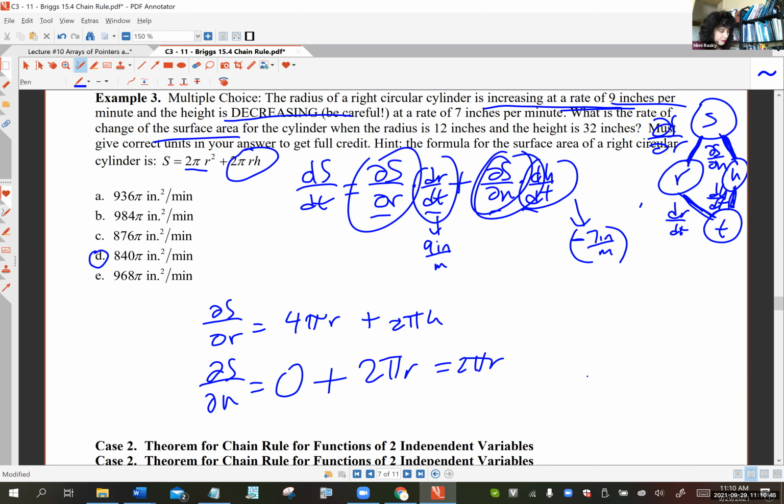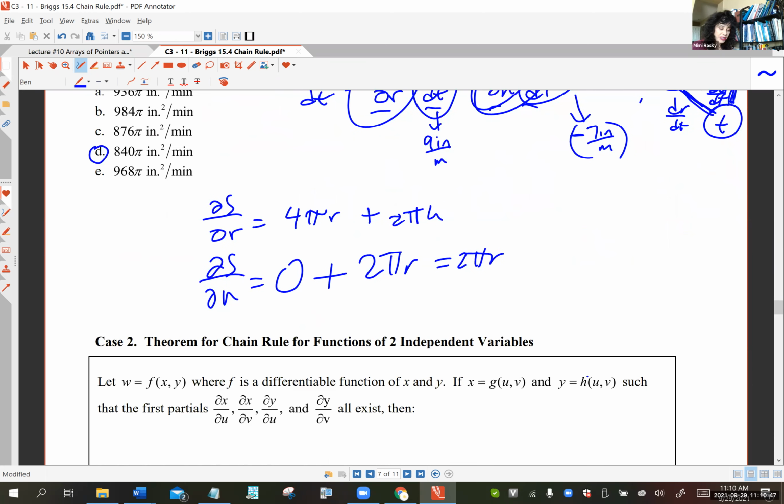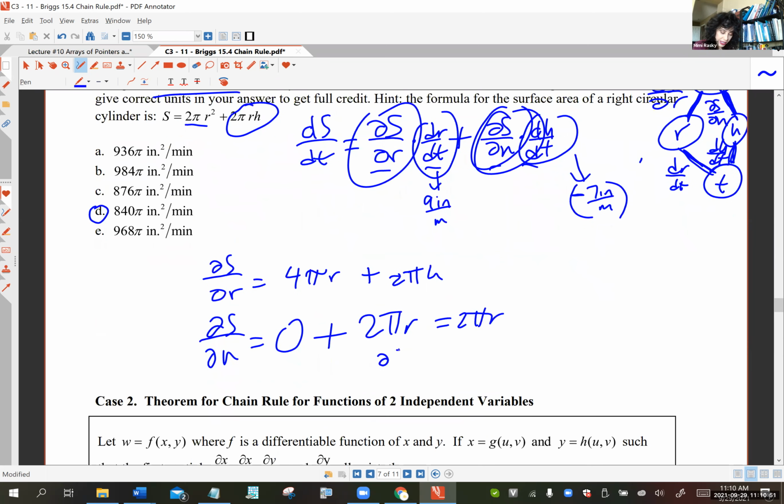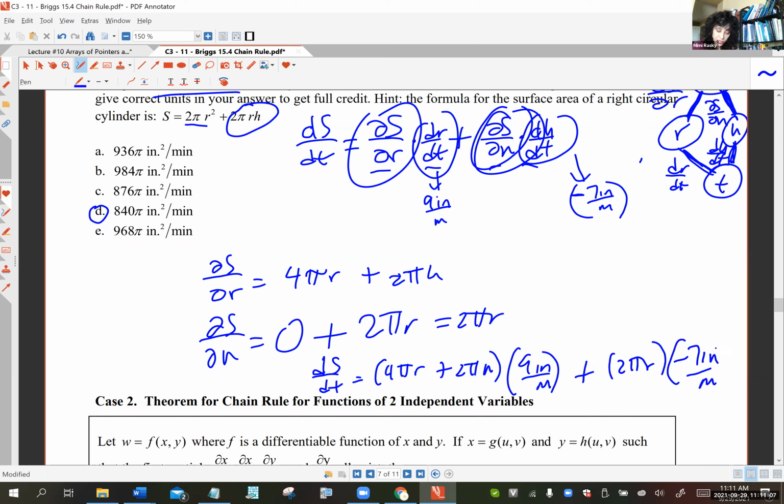Okay? So then when you put this all together, big mess here, you're going to have ds dt is going to be this 4 pi r plus 2 pi h times the 9 inches per minute plus 2 pi r multiplied by negative 7 inches per minute.